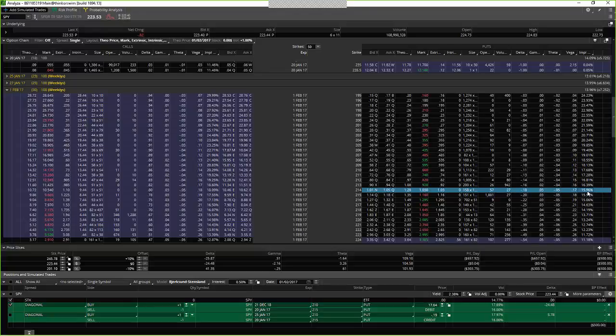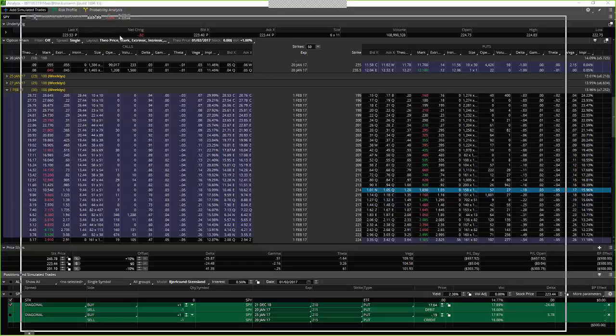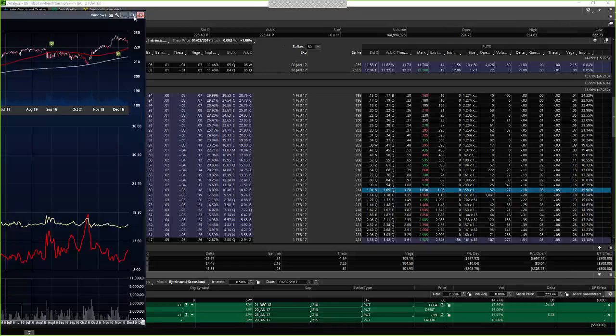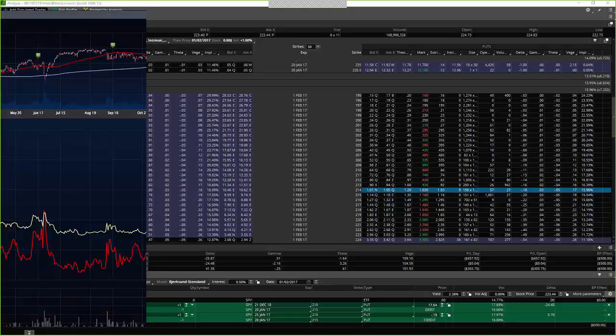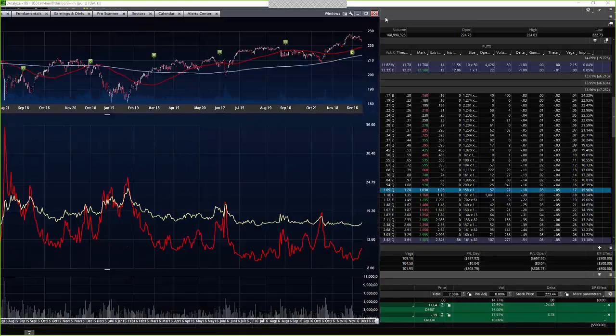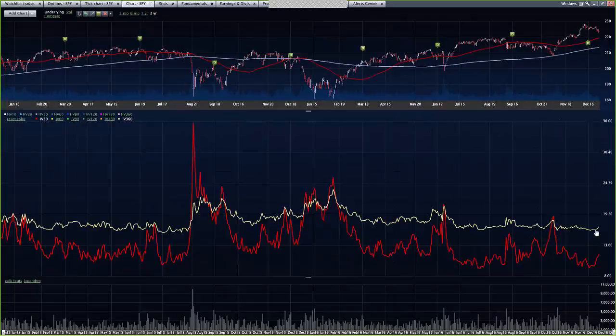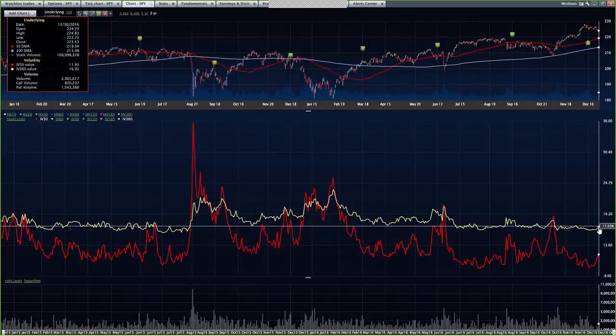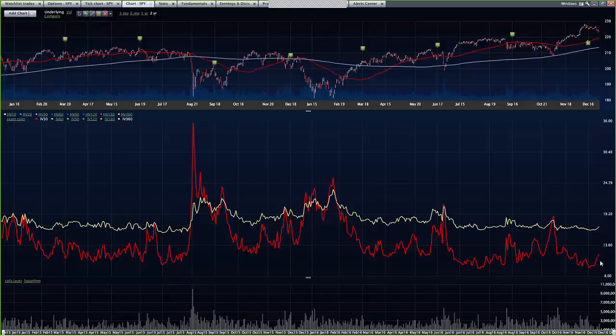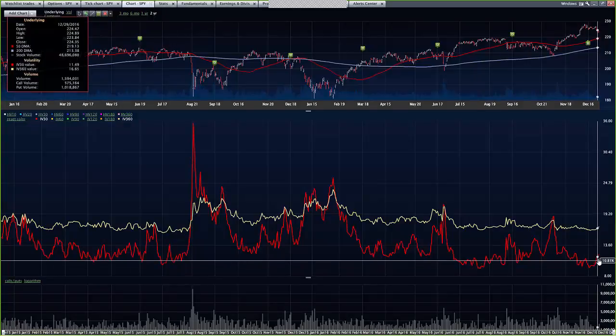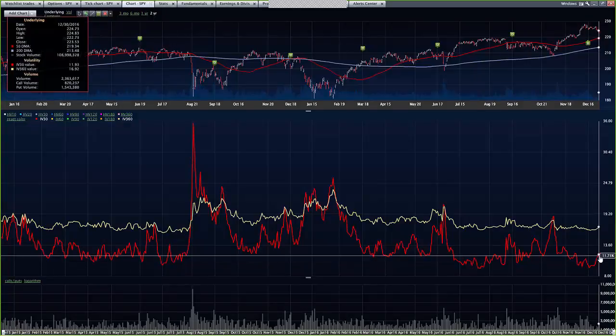So 1 point in volatility move on this graph, 1 point of volatility moving on the 360-day, well, it's a 2-year, but we would make $1.18. A 1 point move here, we would lose 12 to 17 cents.